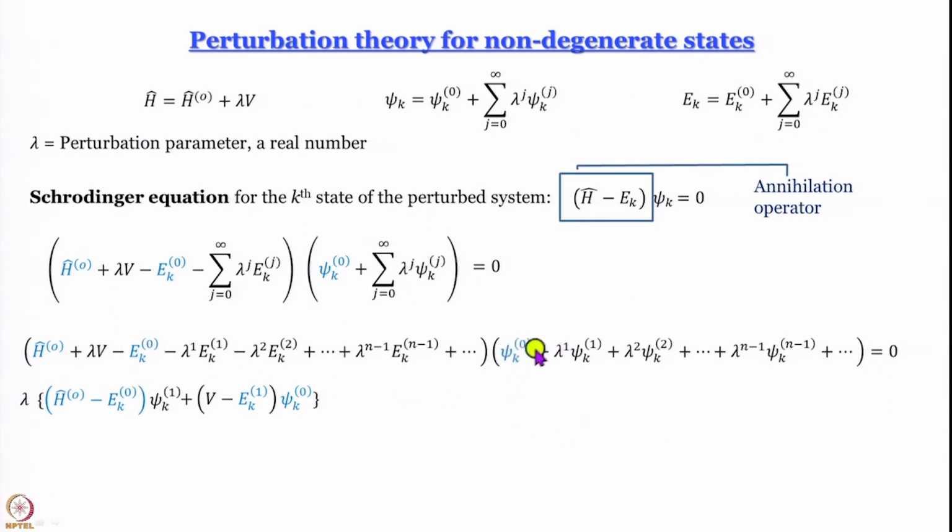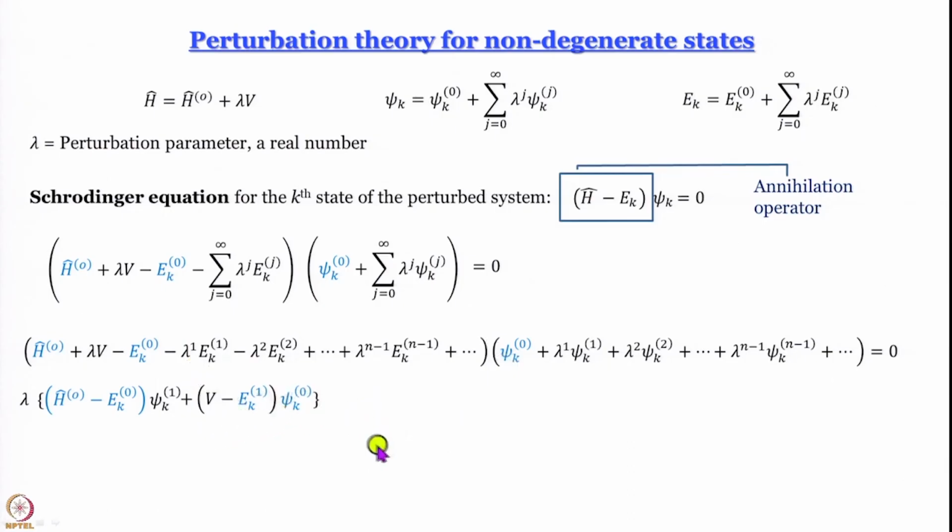Psi k 0th, when that is operated on by, say, lambda V, operating on psi k 0th, that will also yield a lambda. Remember, lambda is a real number constant, so it will go out when the operators operate. So, lambda V operating on psi k 0th, and there is something else: minus E k first order, that also is multiplied by lambda to the power 1, and that also operates on psi k 0th.